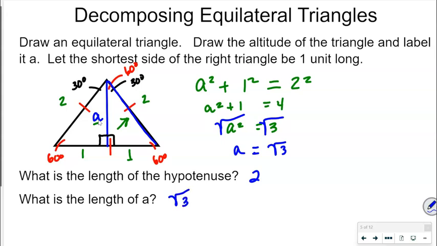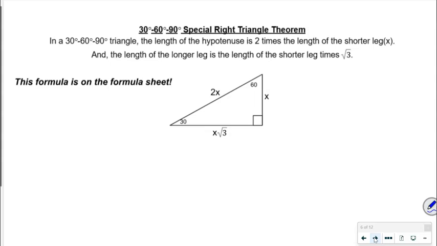What we just did was derive the formulas for the sides of a 30, 60, 90 triangle, and this formula is on your formula sheet. In a 30, 60, 90, the length of the hypotenuse is 2 times the length of the short leg. This is our short leg.